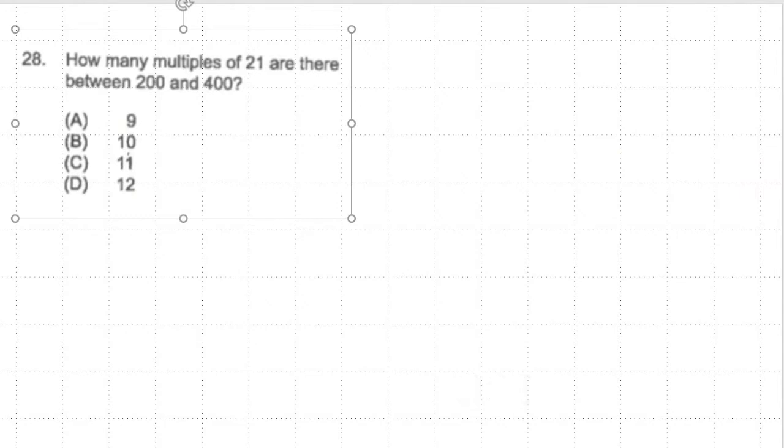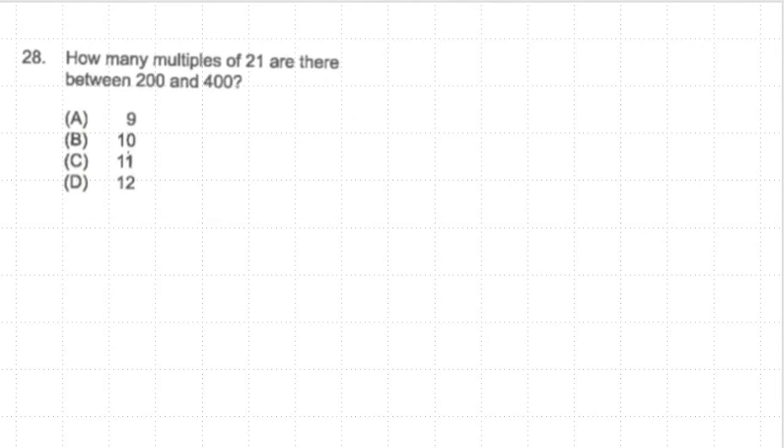Okay, this question is actually quite similar to one of the questions in 2015, and I included it as a recap. Okay, so when you see it's multiples of 21, from this number to this number, when you do a quick division, you notice that 200 divided by 21 is not, 200 is not.